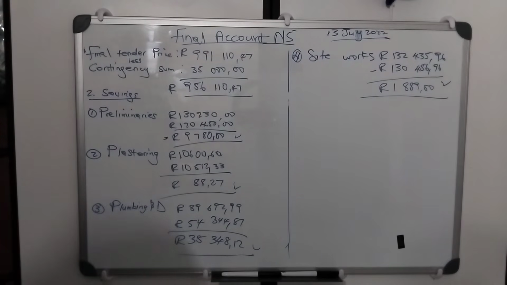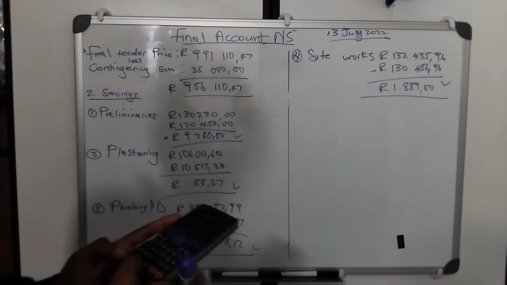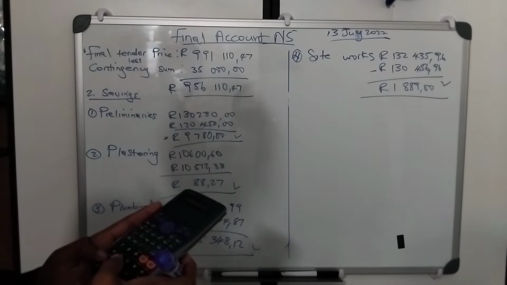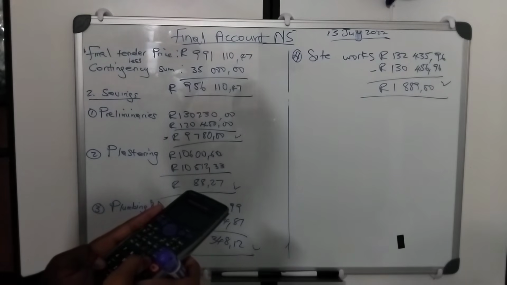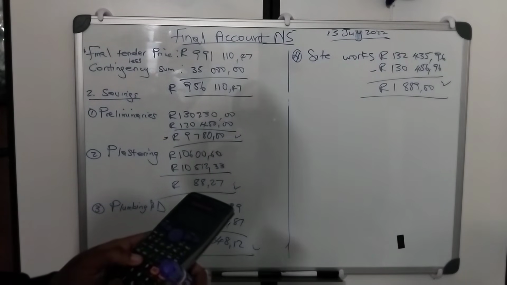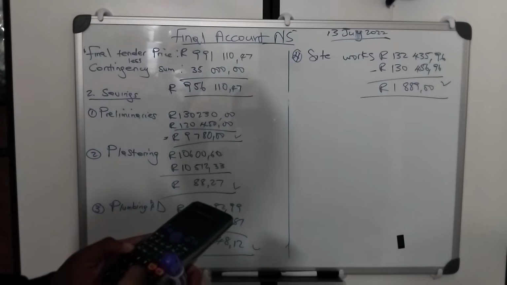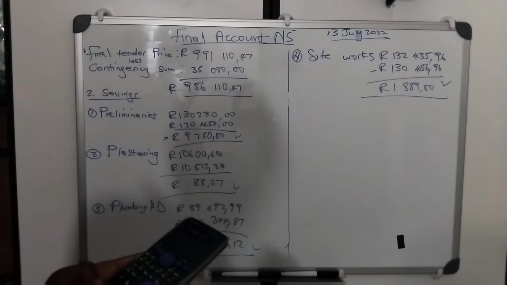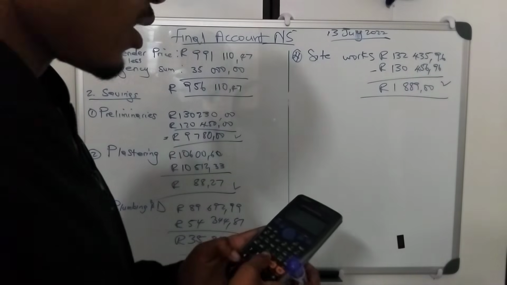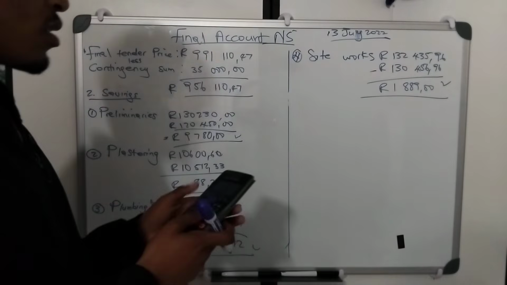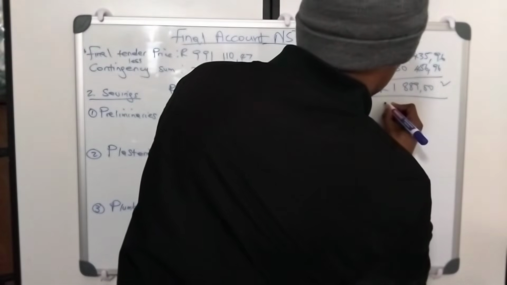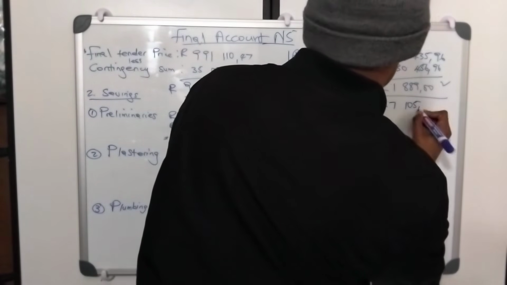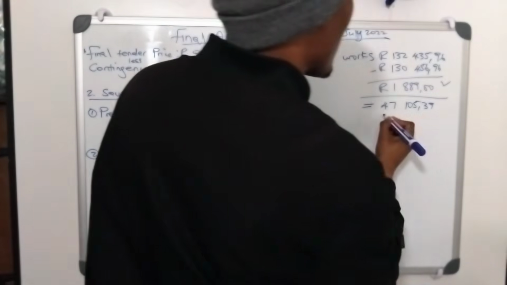So you're gonna add all 4 of them, which is 9,780 plus, no sorry, plus 8,827 plus 35,348.12 plus 1,889 gives us the total that we get. It's 47,105.39.